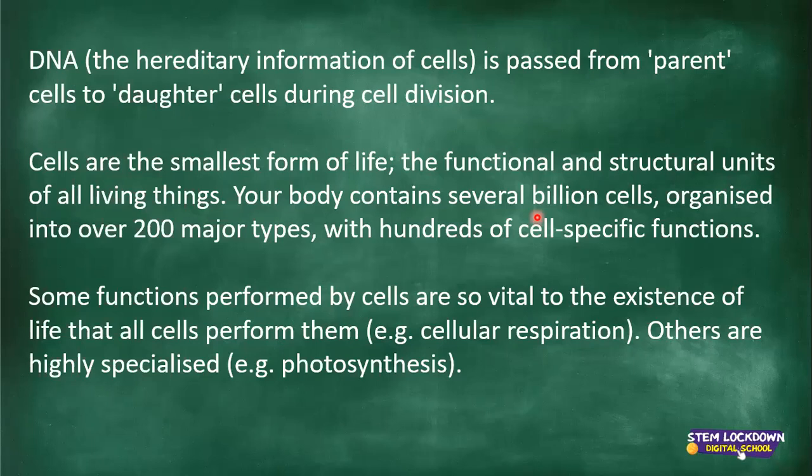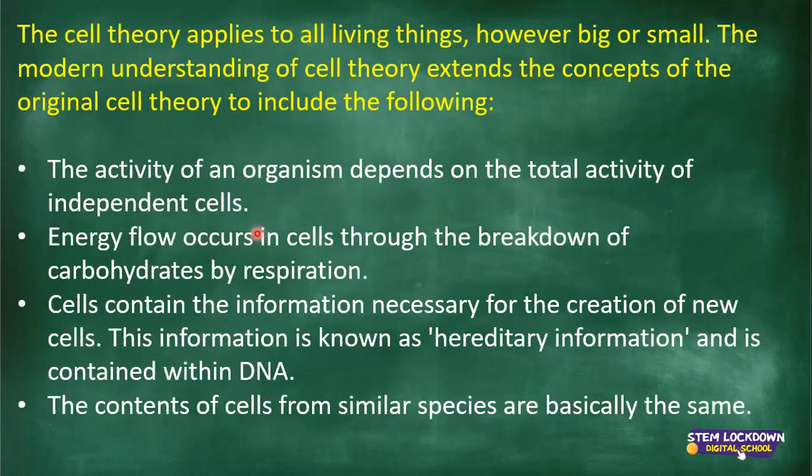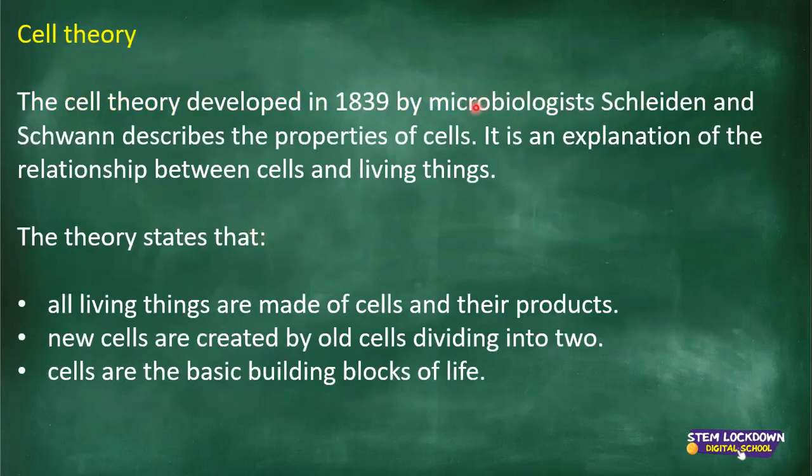Lamarck, the French scientist, was the first person to say that all organisms are made of cells. What are you saying, Sharon? We are saying here that these two people, these microbiologists, Schleiden and Schwann, are the ones who developed the cell theory.